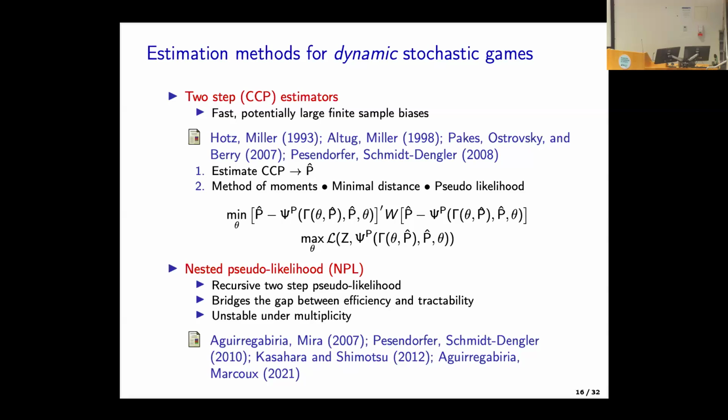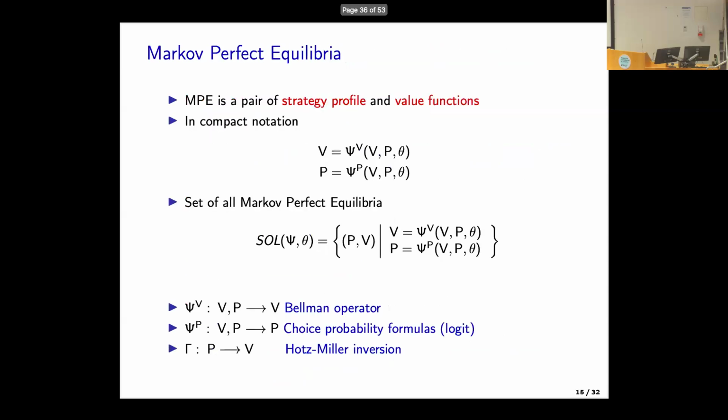But we can still estimate these conditional choice probabilities from the data, which is what you do in the first step. And once you've got that, you already know what the values are, and you know what equilibrium was played in the data, at least if you're willing to assume that that equilibrium was the one played in the data.